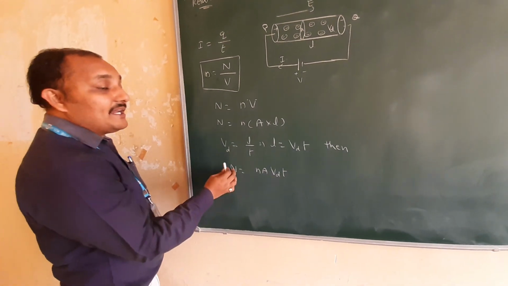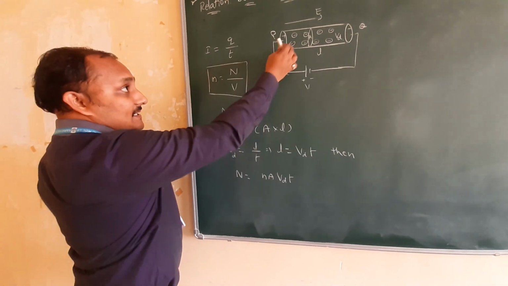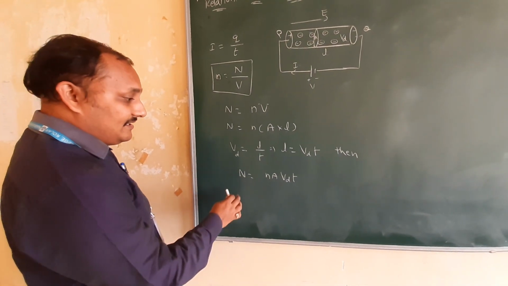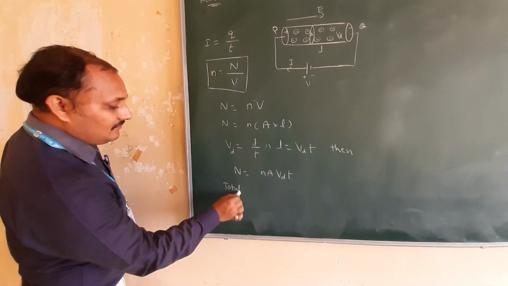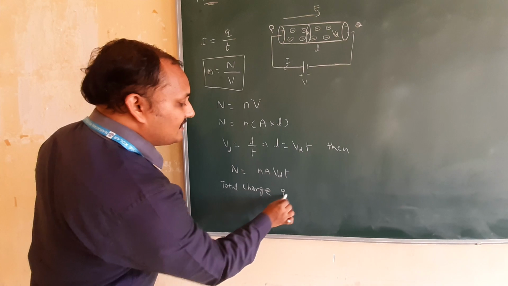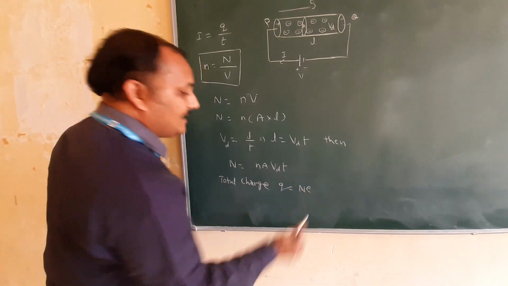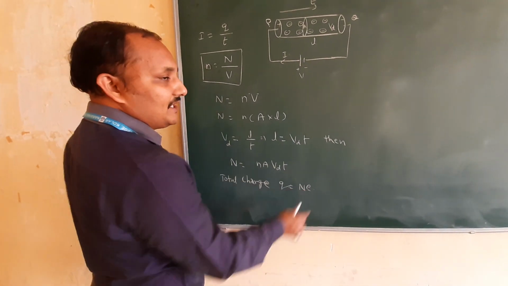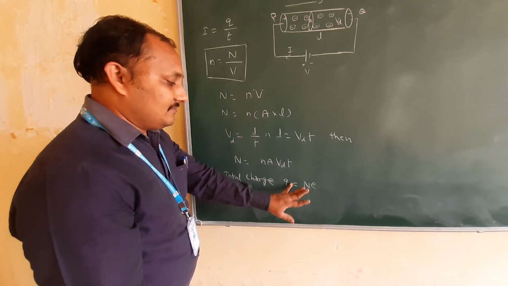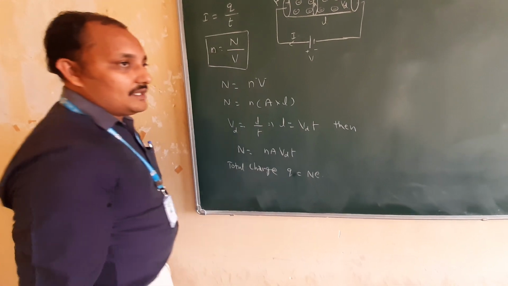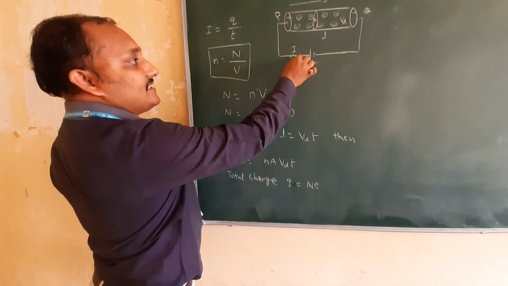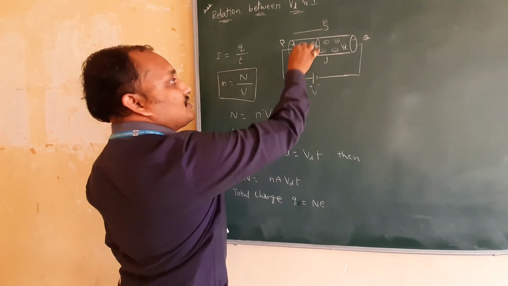This is nothing but how many charges are present within this conductor. N number of charges are there. Then total charge: the total charge in the conductor Q is nothing but N. One charge means 1 into e, two charges means 2 into e, so N charges means Ne. Here I have taken positive charge because the conventional current direction is from positive, meaning positive charge is moving.